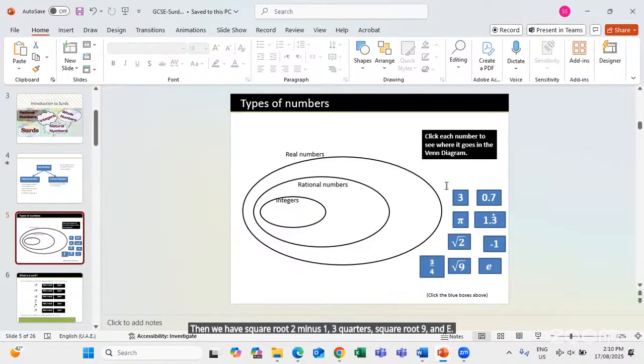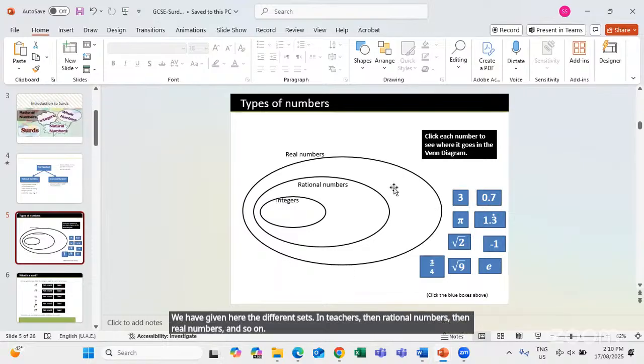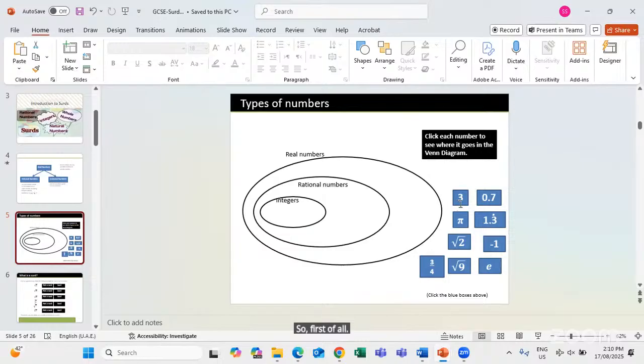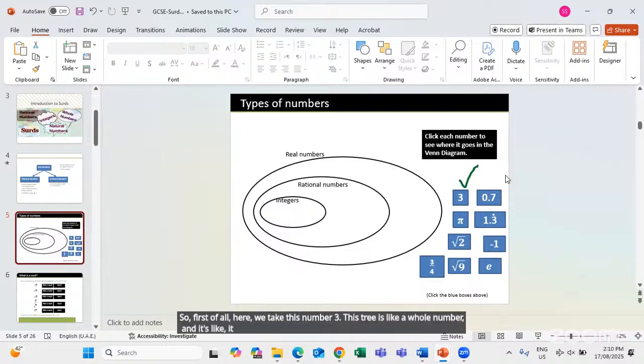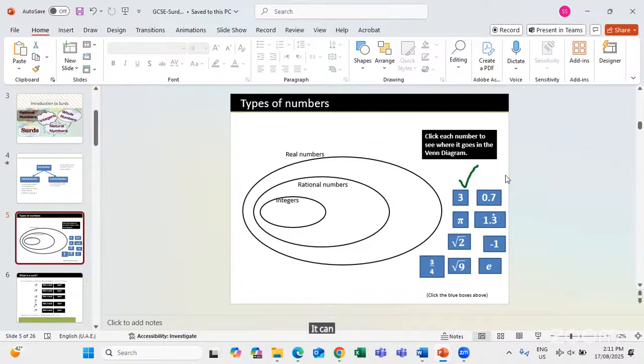We have given here the different sets: integers, then rational numbers, then real numbers, and so on. So first of all, we take this number 3. This 3 is a whole number, and it comes in the category of integers, because integers can have positive whole numbers and the negatives of those whole numbers also. So this 3 will be coming over here.